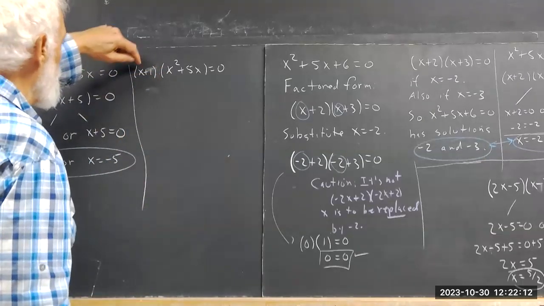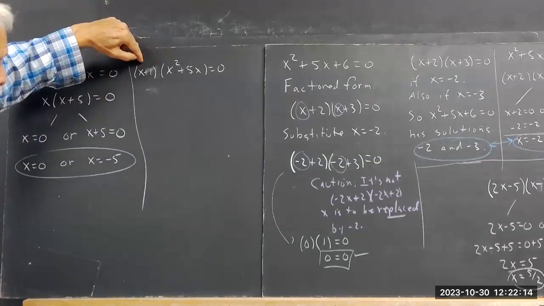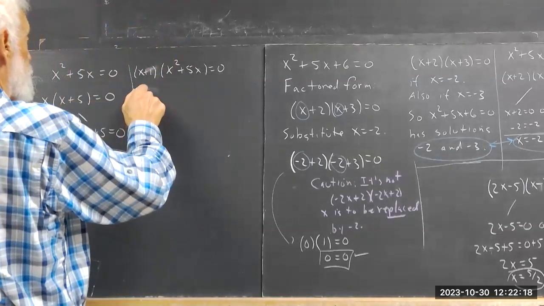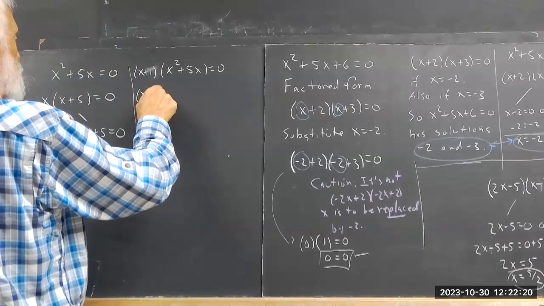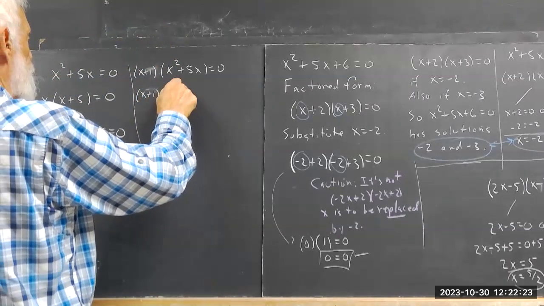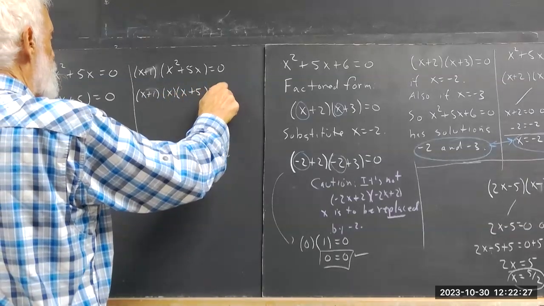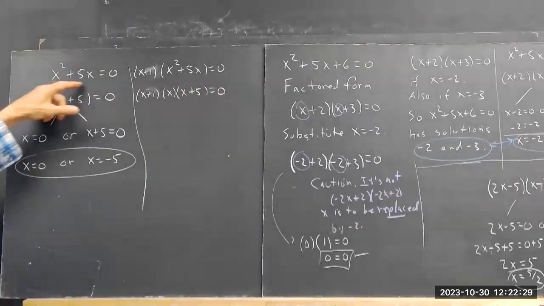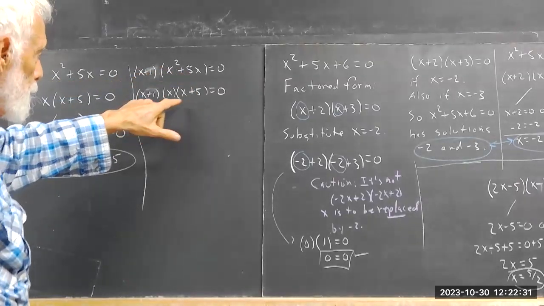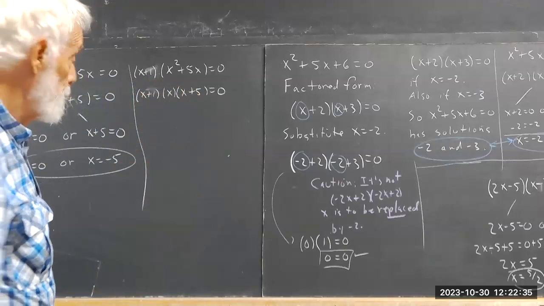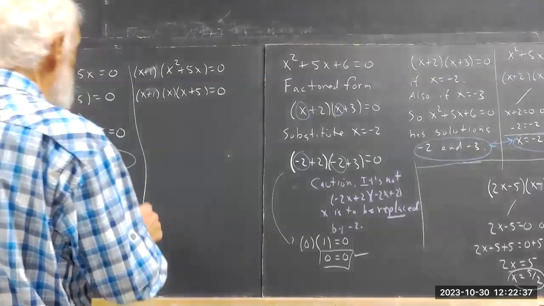Now we've got a linear factor here, over here. We're going to do the same thing we did before. x squared plus 5x factors into x times x plus 5. So now we have 3 factors. What are we going to do with this?